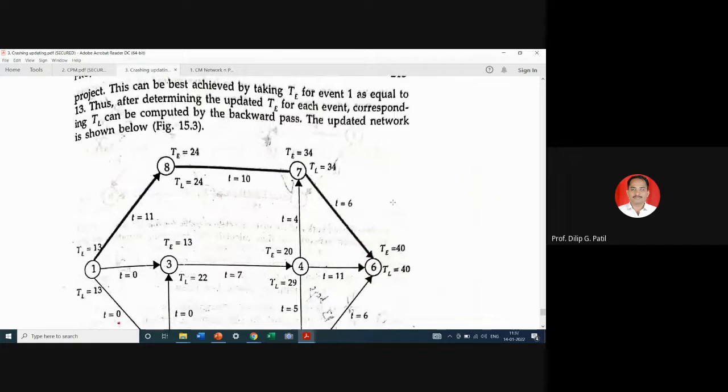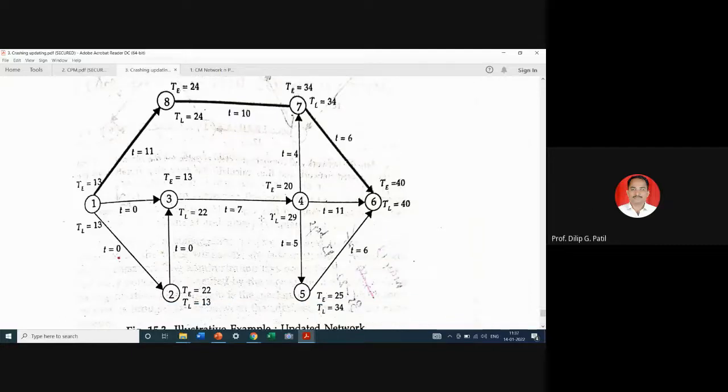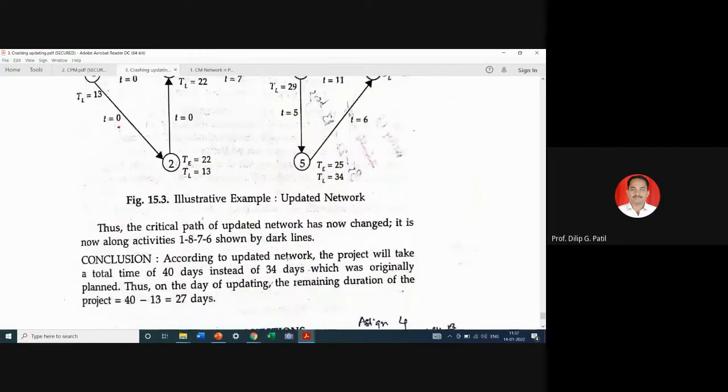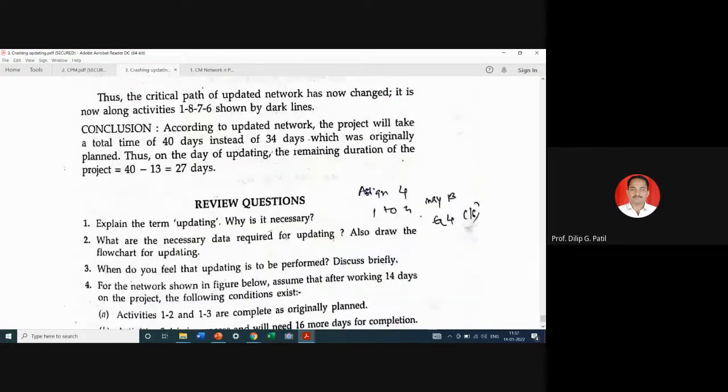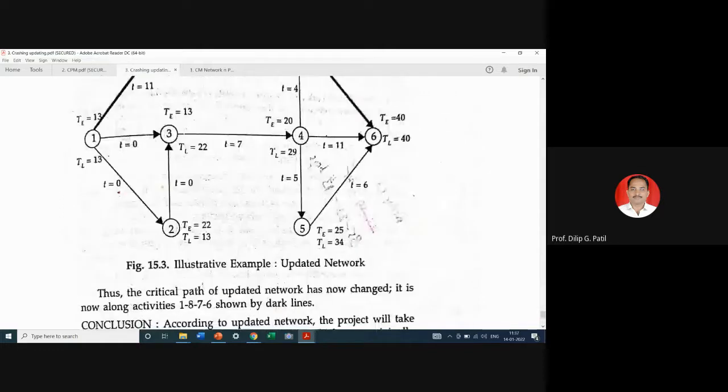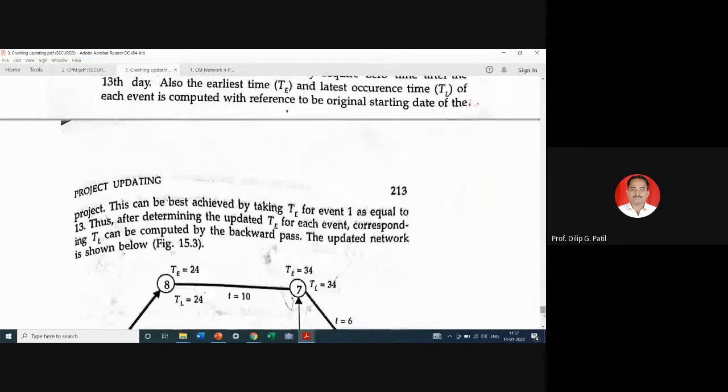These two are the small summary or crisp type questions asked on such kind of numericals. What is change in project duration? What is remaining duration of the project? These two questions are tricky. Try to understand, and if you have any doubt, let me know. Now we can see our next part, crashing of the project network.